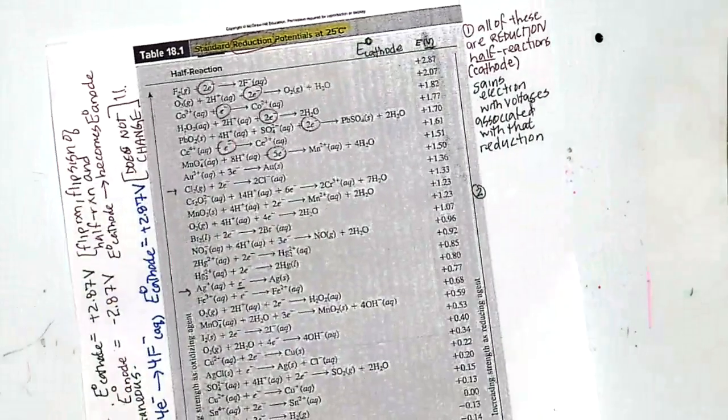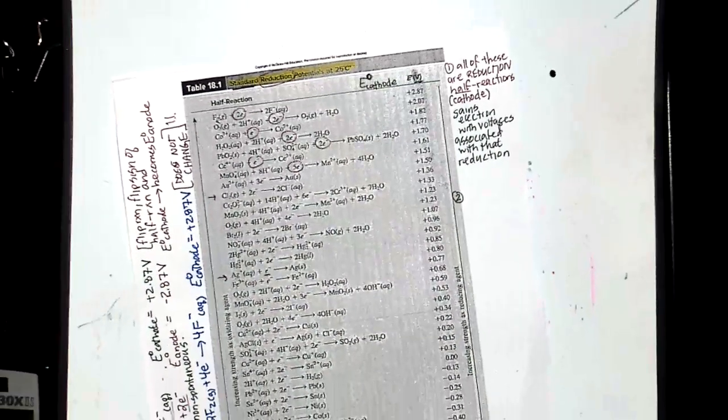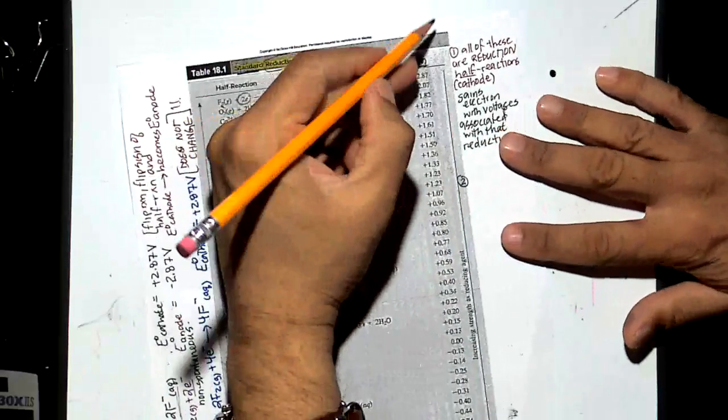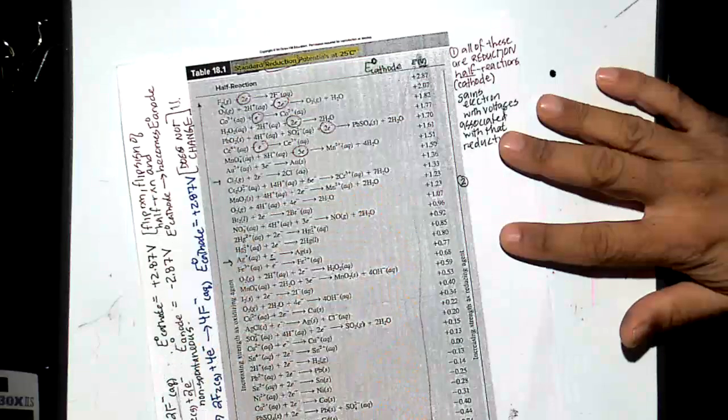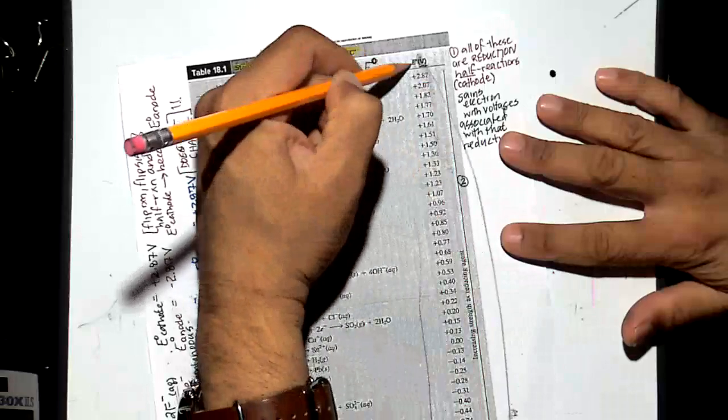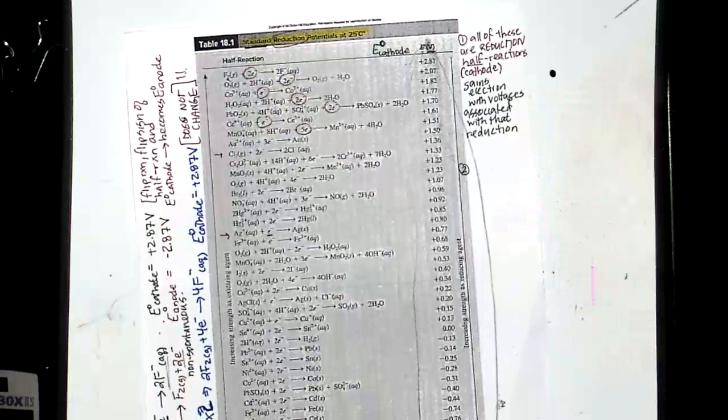Okay, so all these numbers here, all these voltages here, let's just circle all of them. All these voltages, they are set. Okay, these numbers will not change in value.